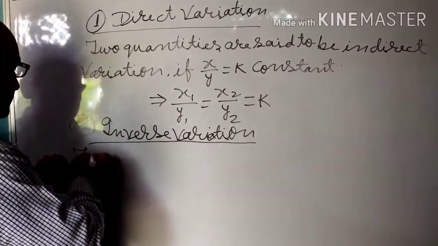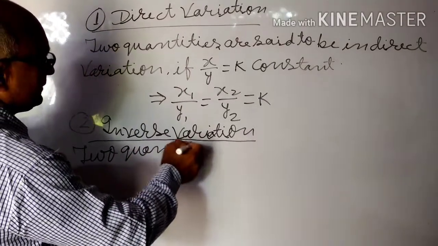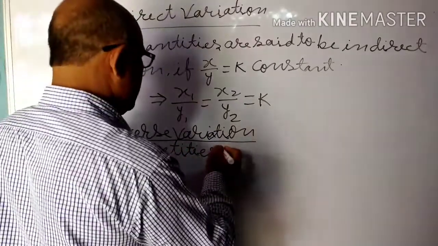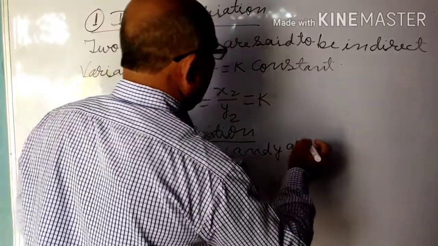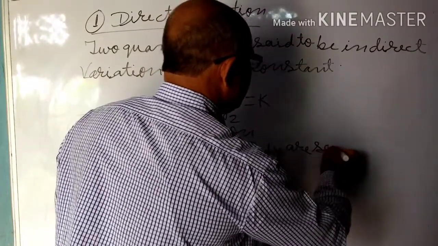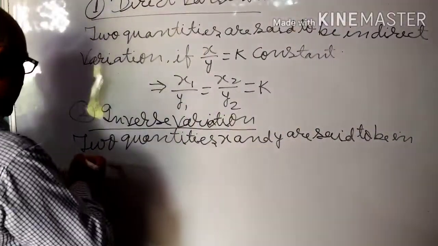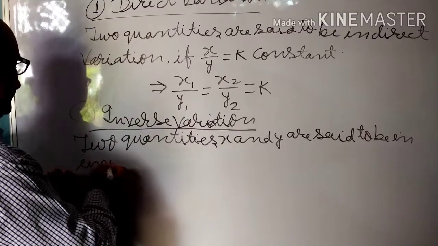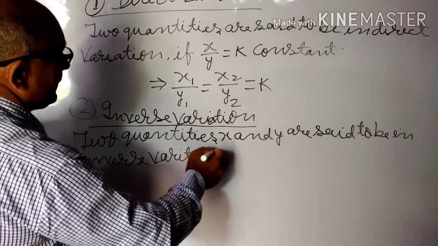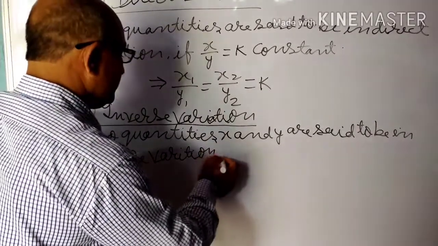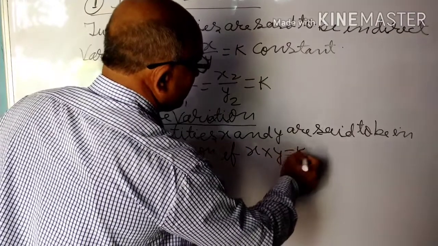So two quantities x and y are said to be in inverse variation if x into y equal to k.